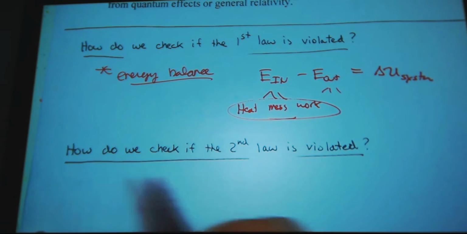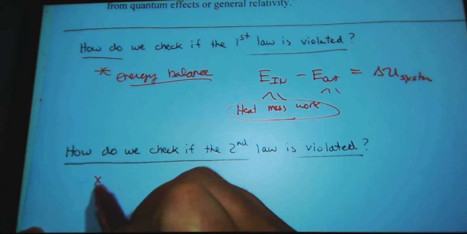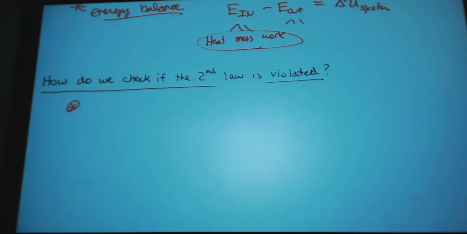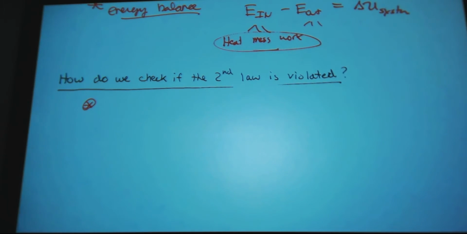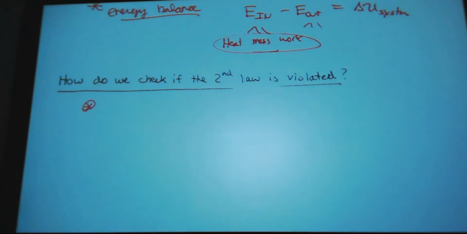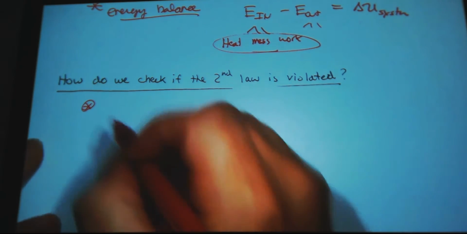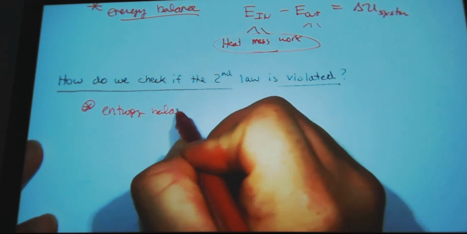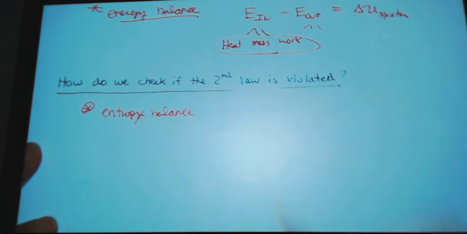So how do we check if the second law is violated? Entropy, okay, entropy is playing a role. So if you look here, there's energy balance. So we could say entropy balance.